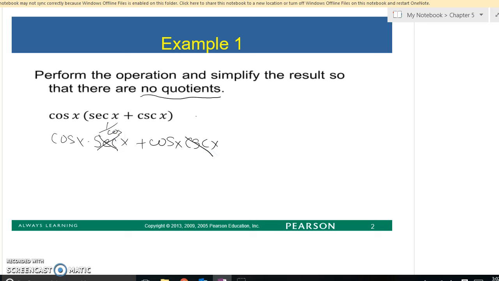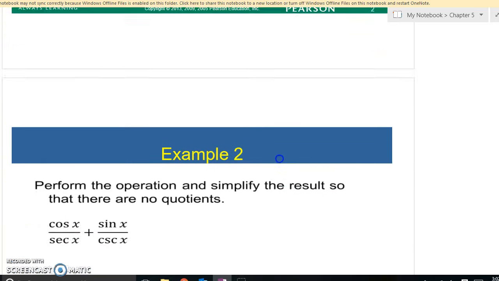You know that cosecant can change into 1 over sine. Okay? So cosine times 1 over cosine is just going to be 1. And cosine over sine is going to be cotangent. And you would be able to stop at that point. There's no quotients. You've simplified it as much as you need to. So hooray. Next example.